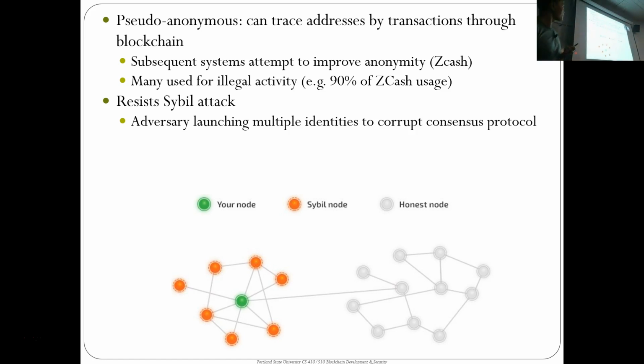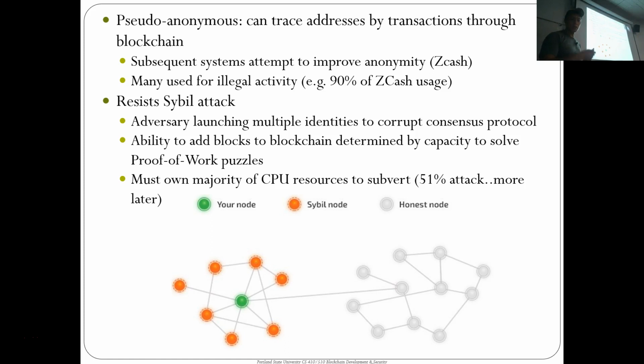And so this allows it to resist that Sybil attack, because it doesn't make sense to create a bunch of wallet IDs if you don't have the hardware to subvert the network. But there are attacks where they try to subvert the network with CPU resources. This kind of 51% attack is what we'll talk about later.